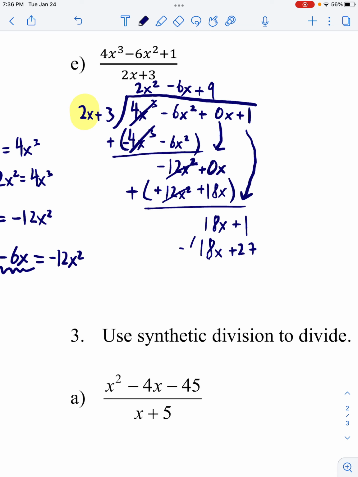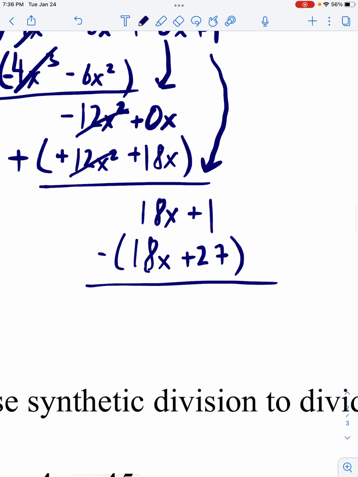Do some subtraction. Let's change this to a plus, flip the signs. So 18x plus negative 18x cancels. 1 plus negative 27 is negative 26.